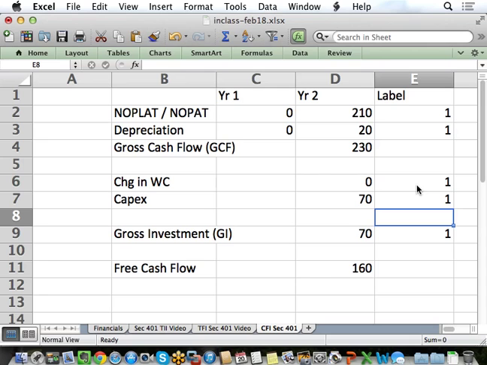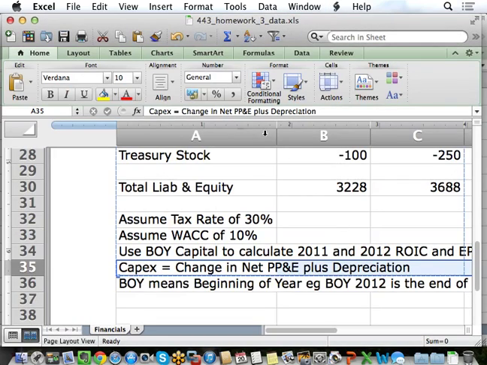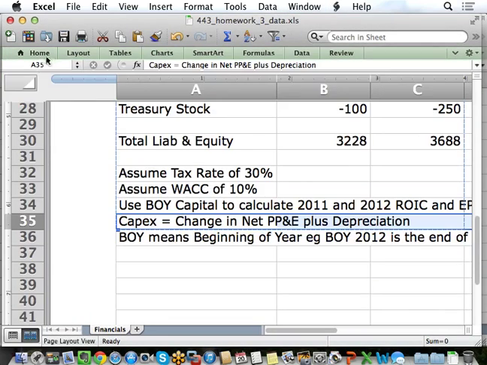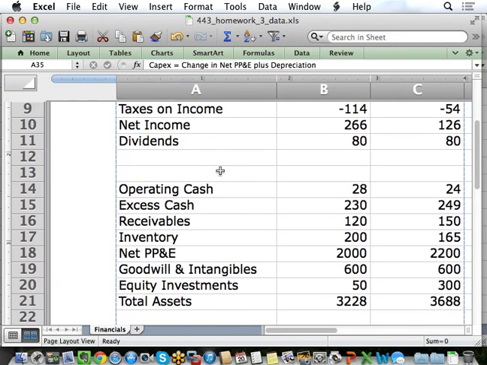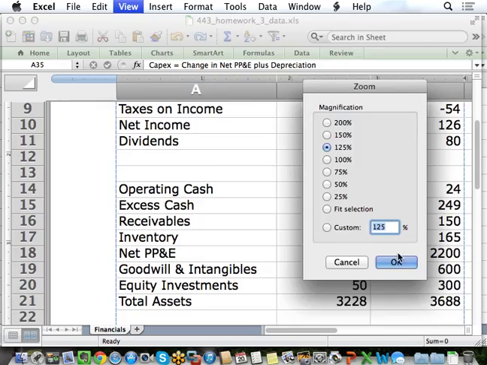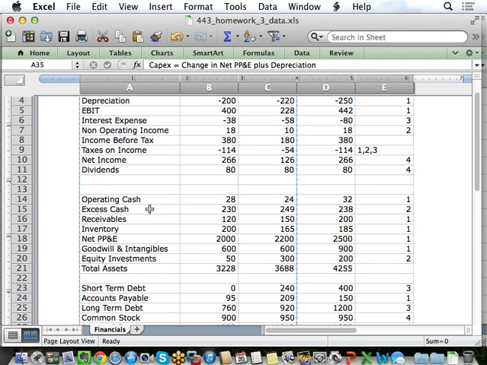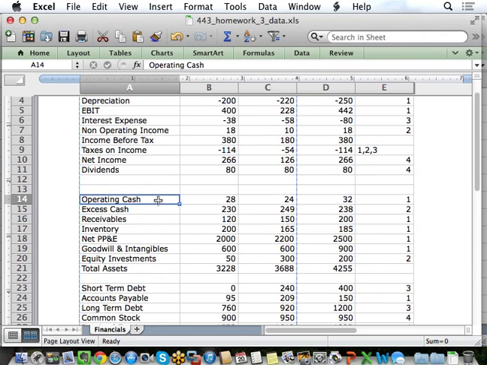On homework 3, you will notice that there are more operating assets. Operating cash is an operating asset. This can be part of working capital.